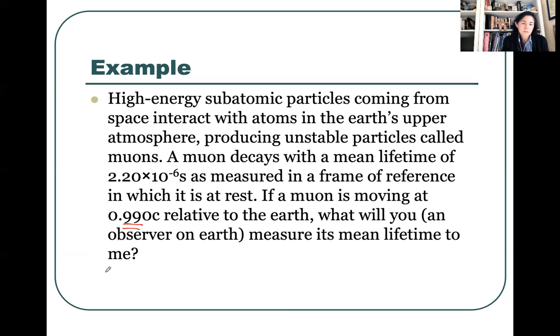So according to what we saw, delta t in the moving frame is what we're trying to measure, and it's going to be delta t naught, which is measured in the frame of reference where it's at rest, divided by the square root of 1 minus v squared over c squared.